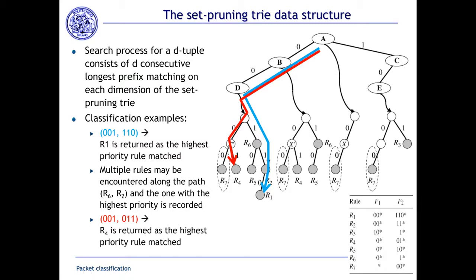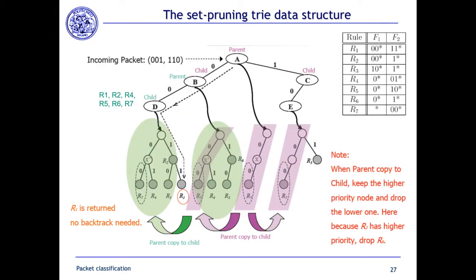So this is basically this technique, and there is a special point. Let's take another example. This is very similar to the previous one, but the set of rules has been changed a little bit. Here you already see the final result of the set pruning technique, so these are the trees generated after set pruning.